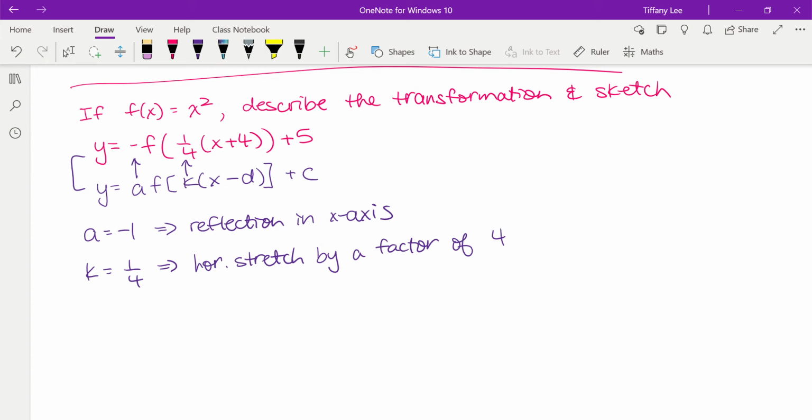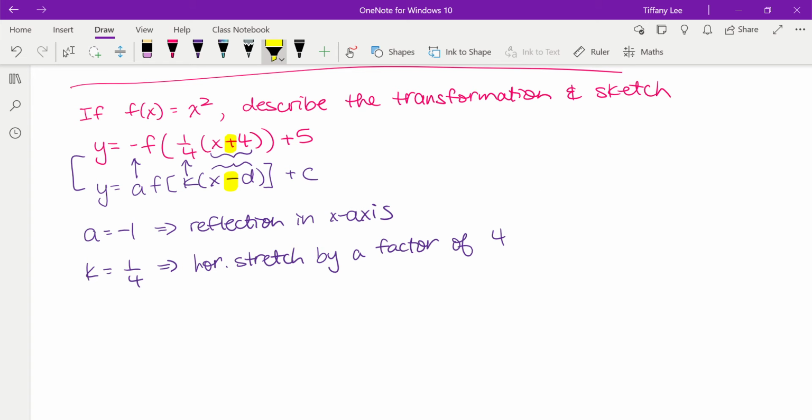Okay, let's take a look at d. Just be careful. You would think d equals positive 4. But remember, x plus 4 has to match up with x minus d. My original is x minus d, but in our given transformed equation, it's x plus 4.